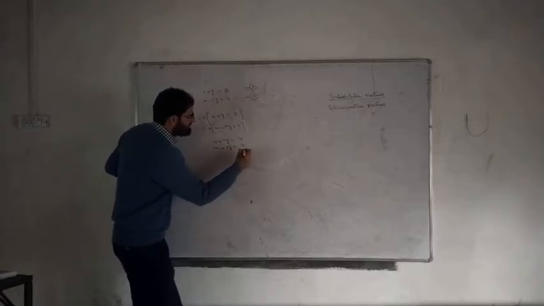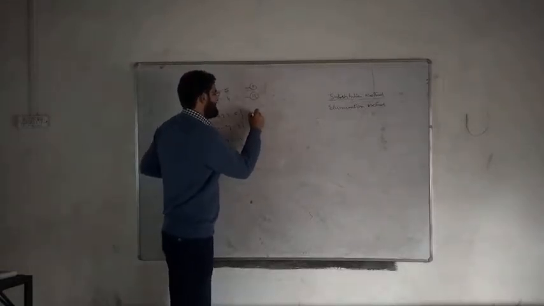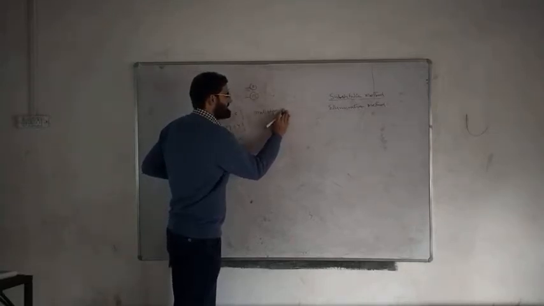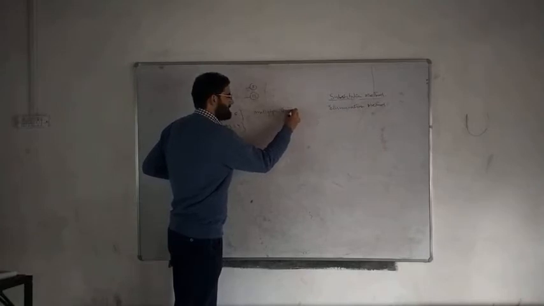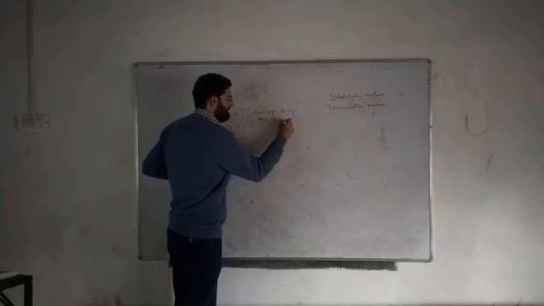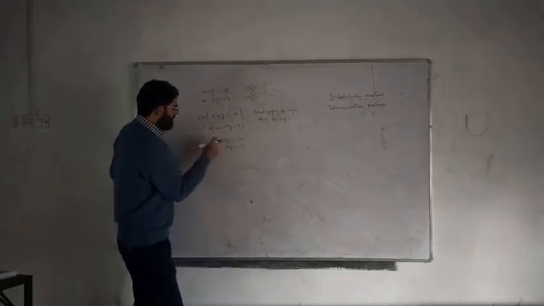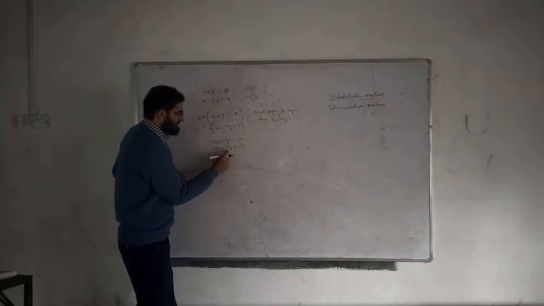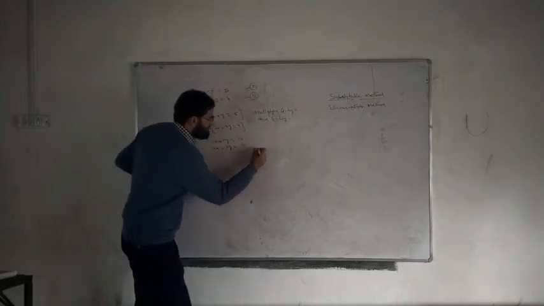Then you will subtract. We shall write here multiplying the first equation by 2 and the second by 1. Now we get 2x plus 2y is equal to 10 and 2x minus 3y is equal to 4.